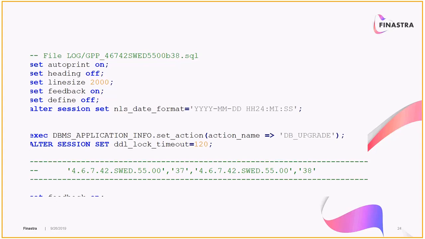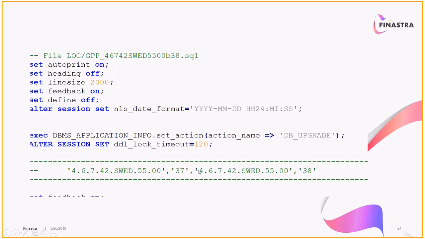For example, you want to upgrade the SWADE SCD01 environment. In that environment, the version should be 4.6.7.42 SWADE 550037, and only then this version. What does this version mean? This is the version of this script.